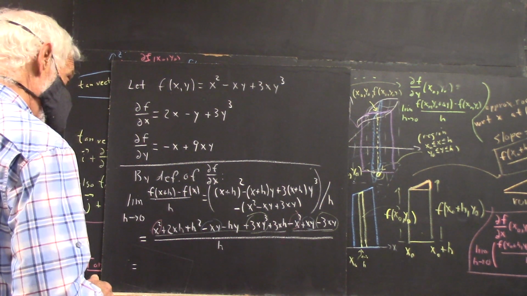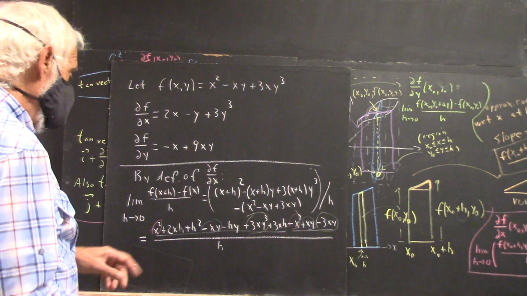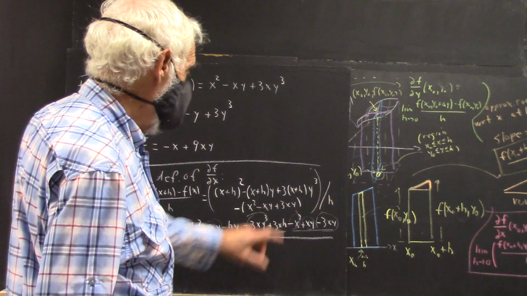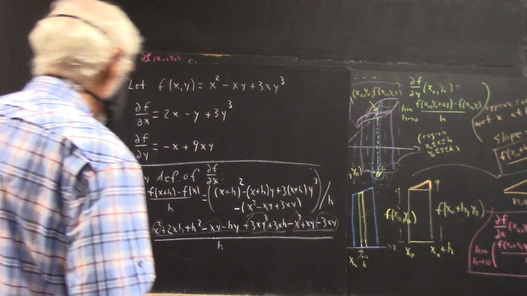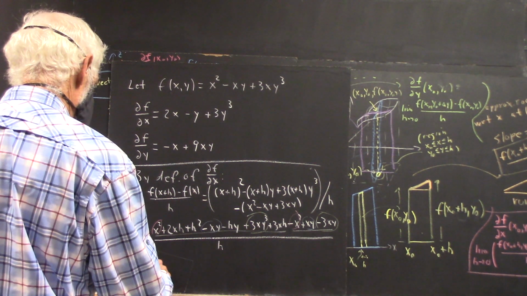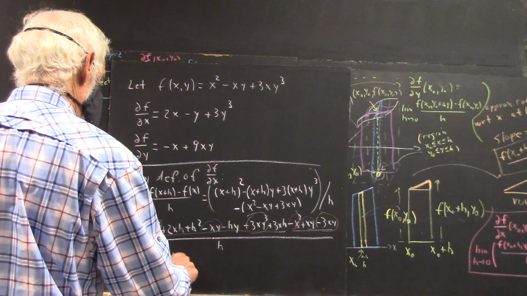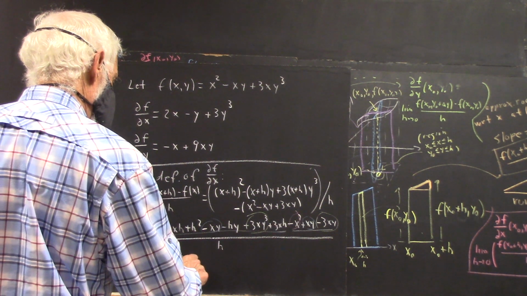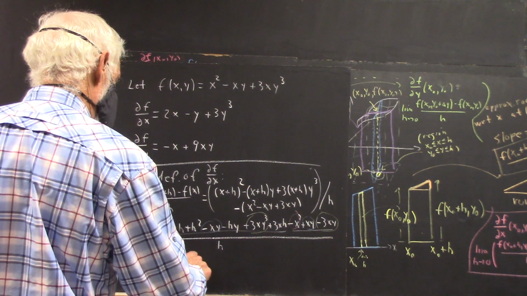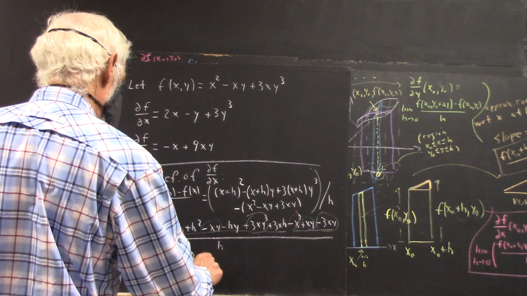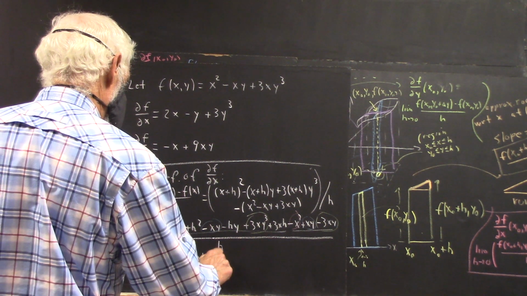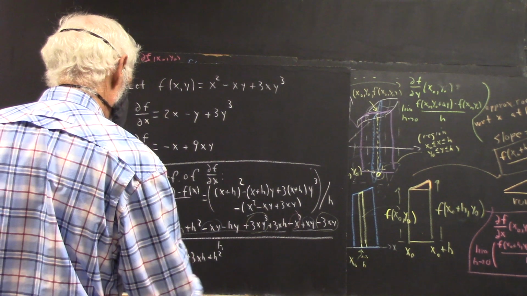Okay. So there we have it. All we got left is this, this, this, and this, right? That leaves us 2xh minus hy plus 3xh, and I didn't leave out the h squared, I just want to tack it on the end.